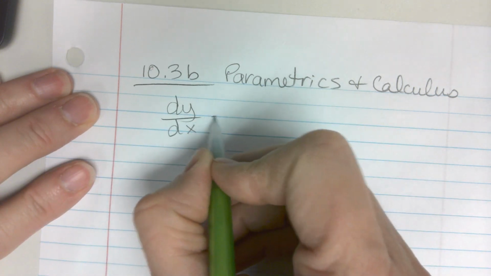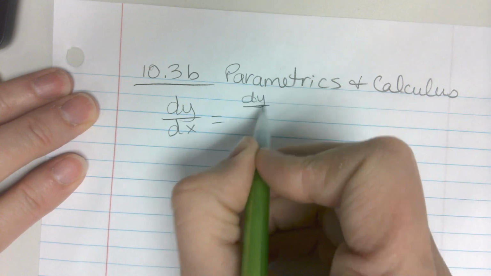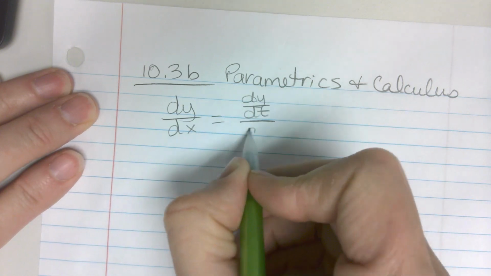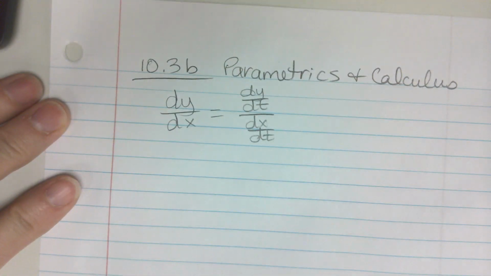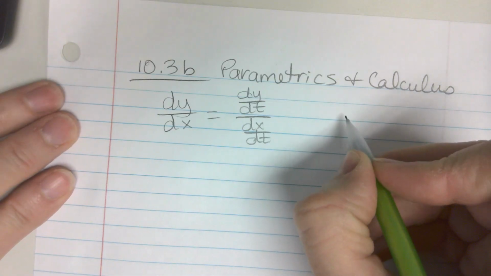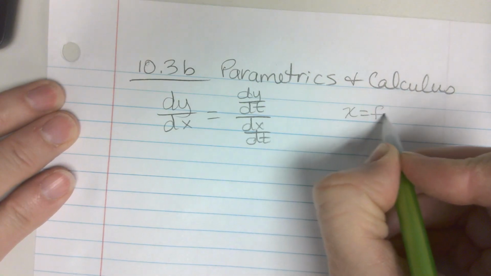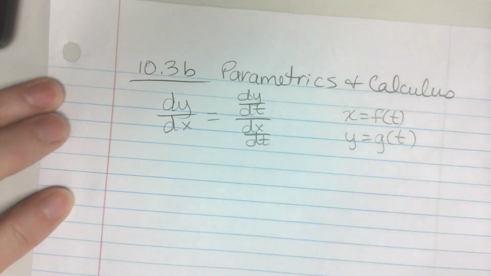dy/dx formula is what? dy/dt over dx/dt. Obviously, given x is a function of t, and y is also another function of t, right?